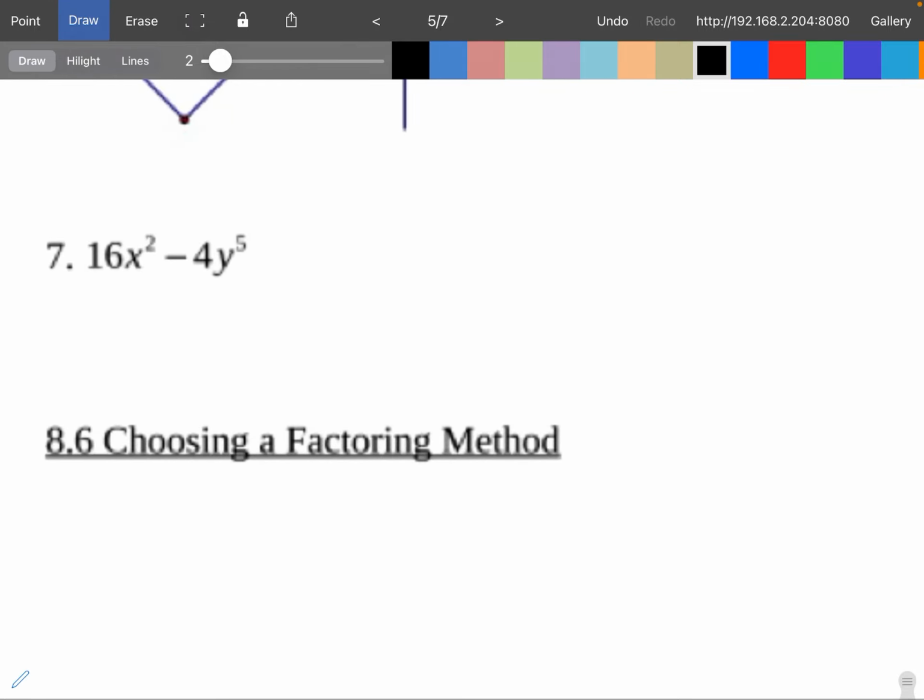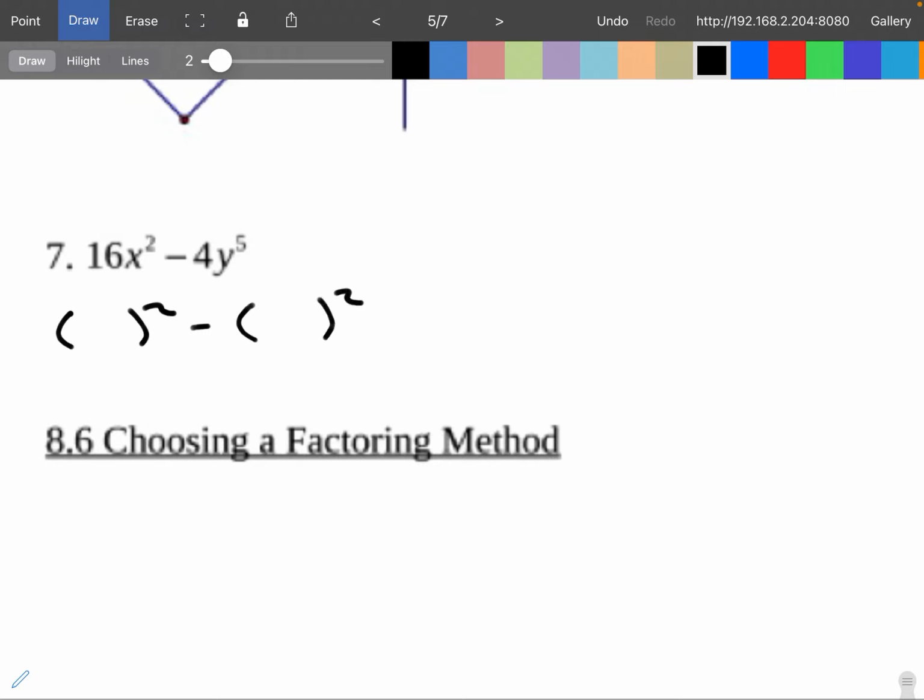All right, one more to go. So last one. So number 7. So this one, it's got two terms. It's got the minus in the middle.